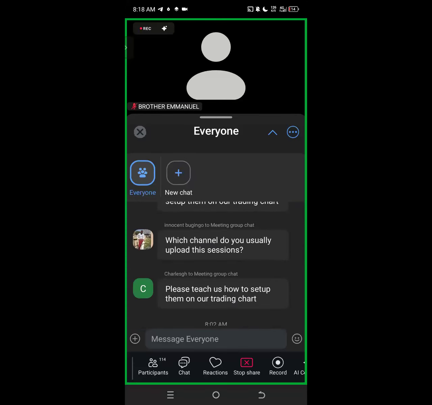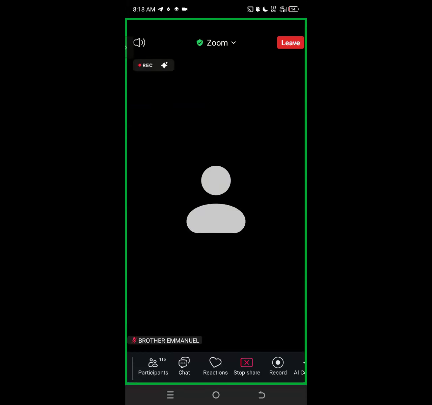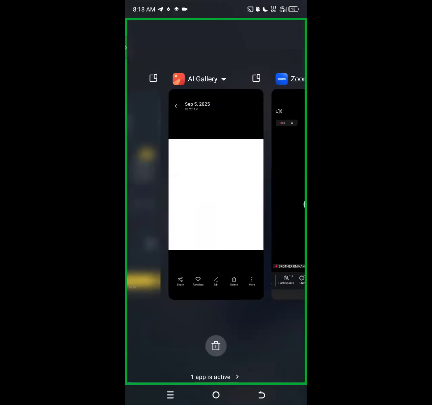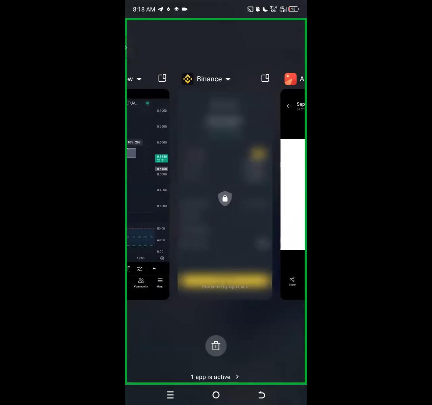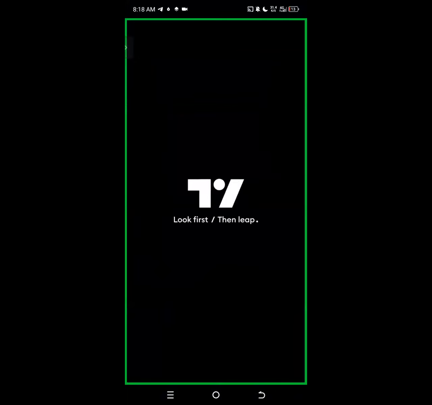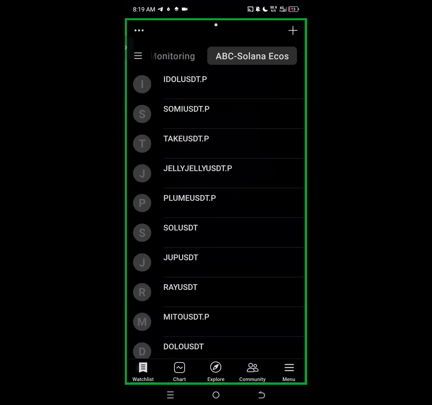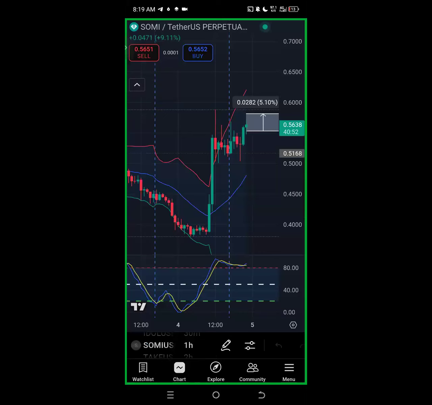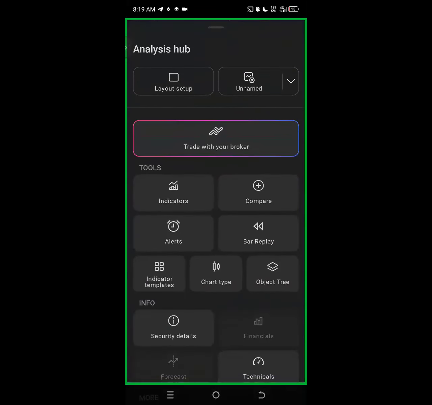We are moving well. Let's go back. I'm going to go to the chart straight away. Let me first go to the chart and we'll see. Coco, yes.